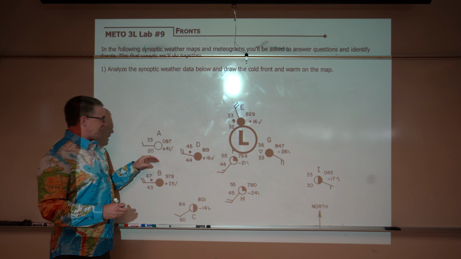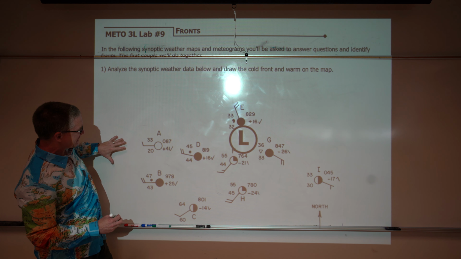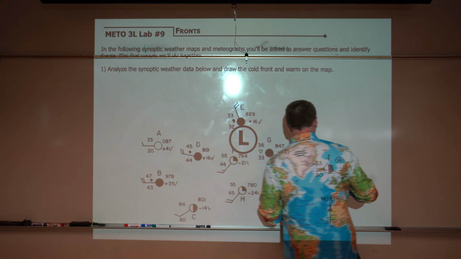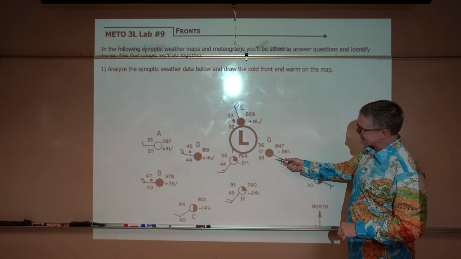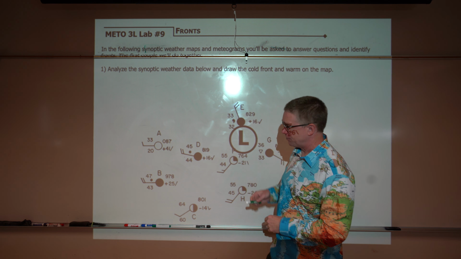So I see, okay, I've got some winds here that look kind of similar, right? They're all generally out of the west. I've got some winds here coming out of the east. It looks like I've got some winds here coming out of the southwest.